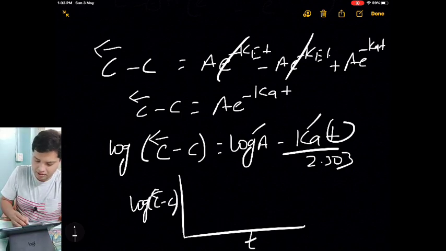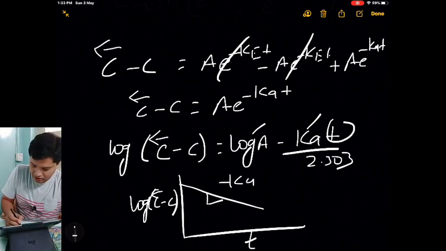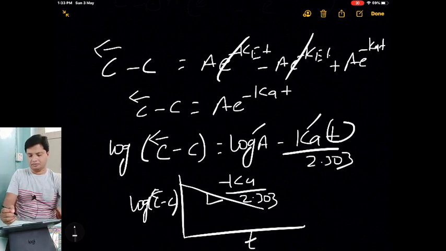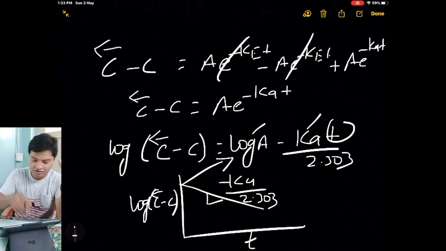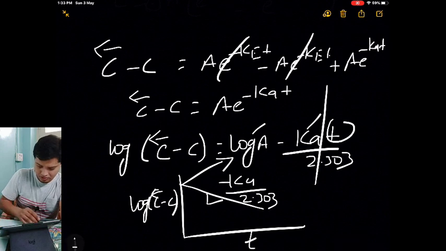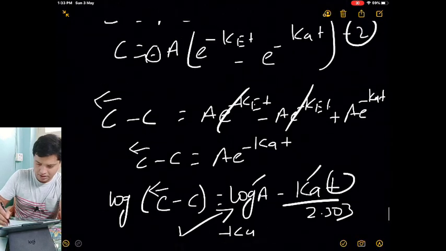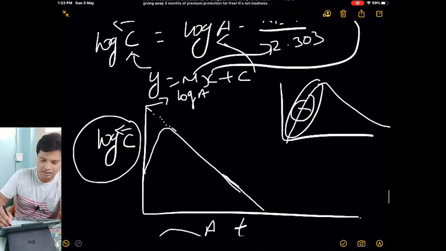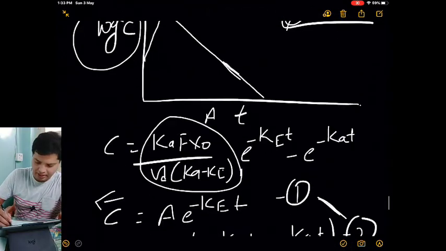This will be your slope, minus Ka by 2.303, and the intercept will be log A. So from the slope of the above equation you can determine the Ka value. If you do it like this, you will get one equation in the graph. What is that equation? See here. Whatever equation you get, I will try to write here.